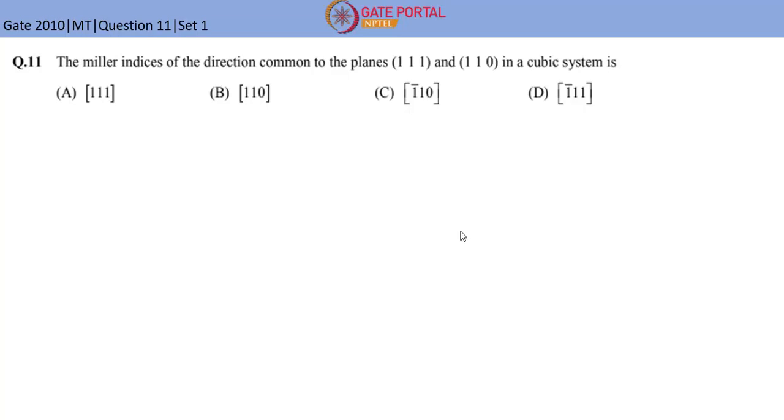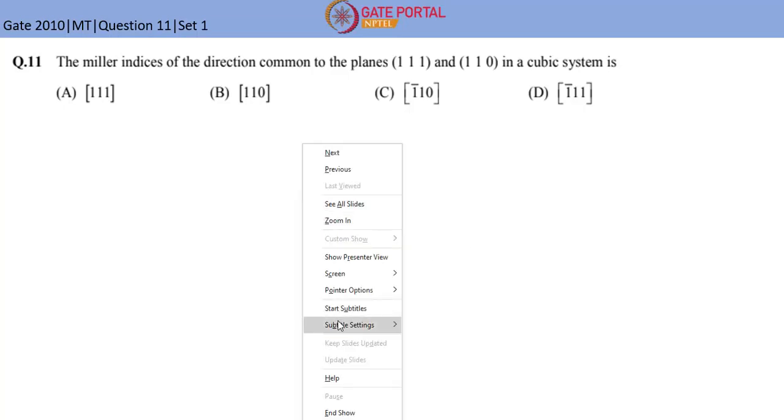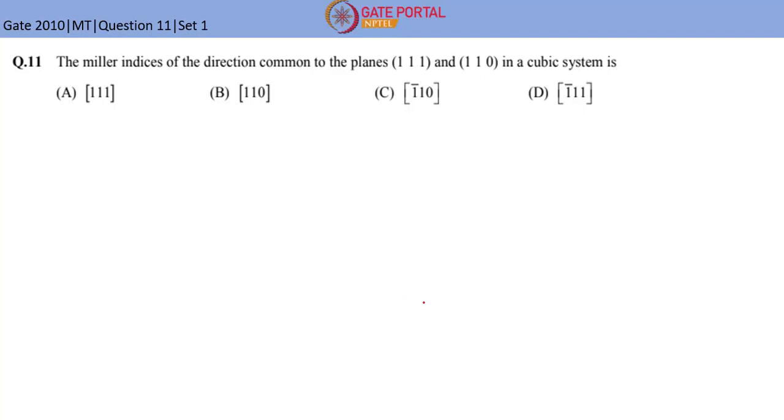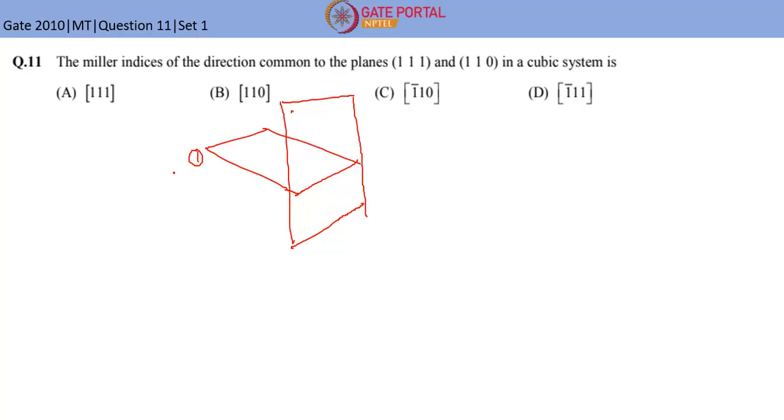So firstly we will try to draw two planes. Let's say this is one plane and another plane is like this. So this is plane 1, which we will take as 111, and this is plane 2, which we will take as 110.